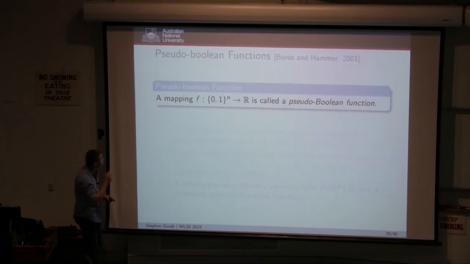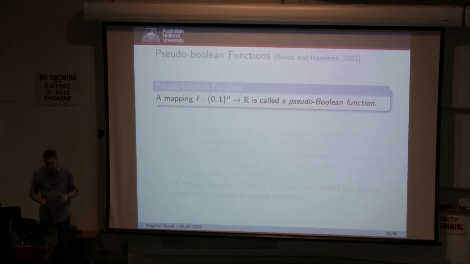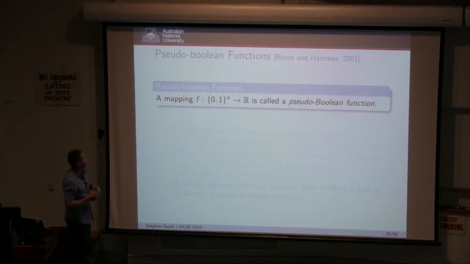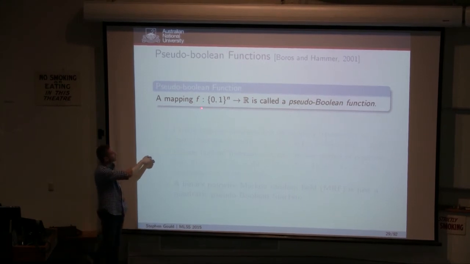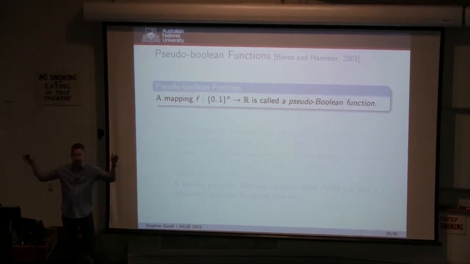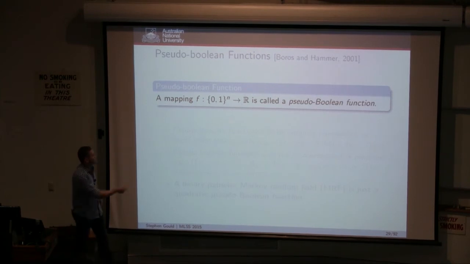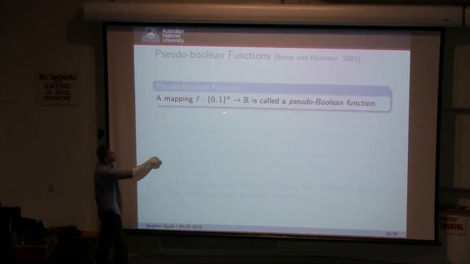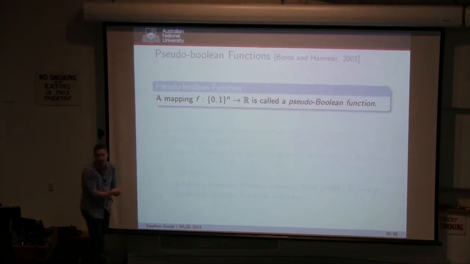All right. In order to understand the graph cut algorithm, we need to understand these functions known as pseudo-Boolean functions. A pseudo-Boolean function is just a function from a fixed-length Boolean vector to a real number. It's pseudo-Boolean because its input is Boolean, but its output is real.